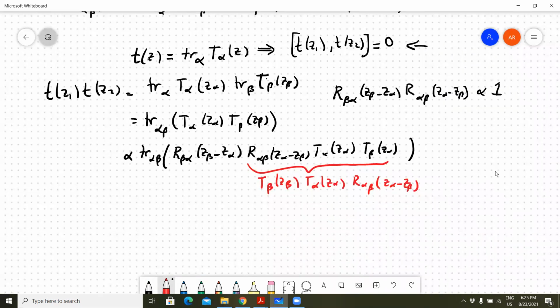We have the trace in both spaces, so we can use the cyclicity of the trace for both of them to pass them here, and then they together become a 1 again. And then we have an equality again, because the factor we had, the 1 over, now we cancel it back. So this is trace of alpha beta.